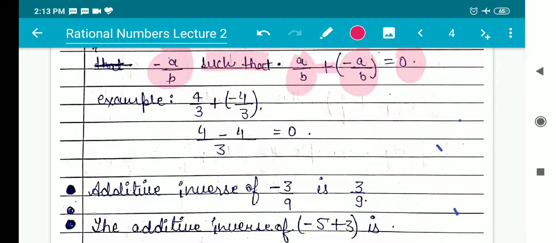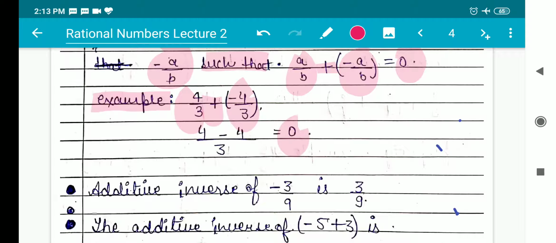Basically, additive inverse means the opposite of the rational number. Like if we have a by b, then its additive inverse will be minus a by b. Example is also 4 by 3 plus its additive inverse, that is minus 4 by 3, and ultimately we got the result 0.